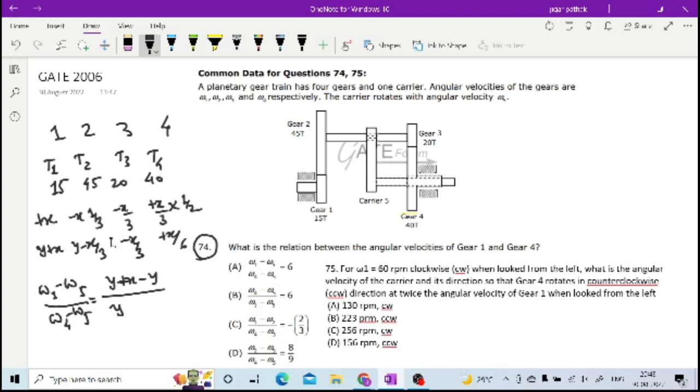Here also I forgot to put y, sorry. So y plus x by 6 minus y. When you simplify this, you will have x divided by x by 6, which is nothing but 6. So this is how you will have your answer.